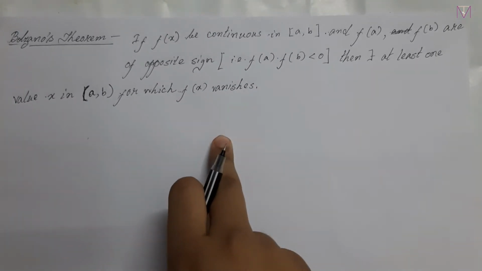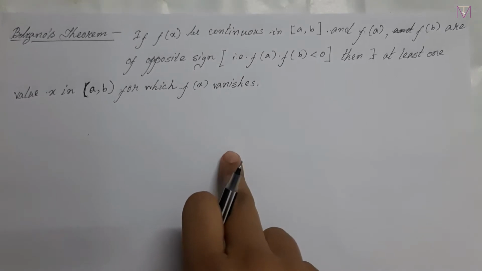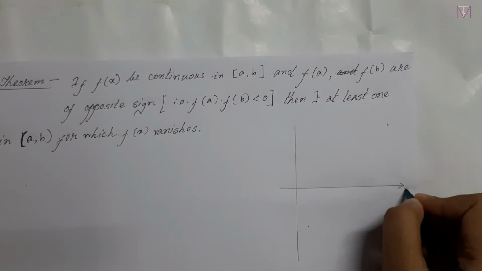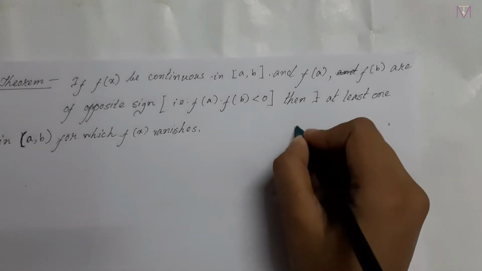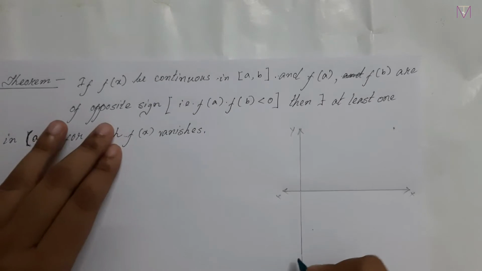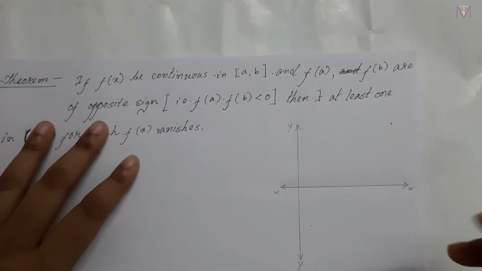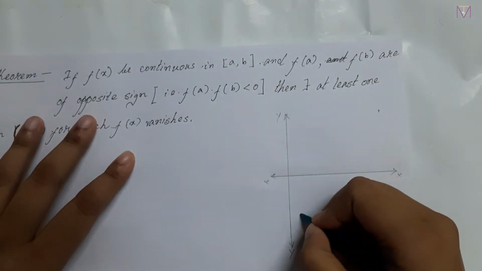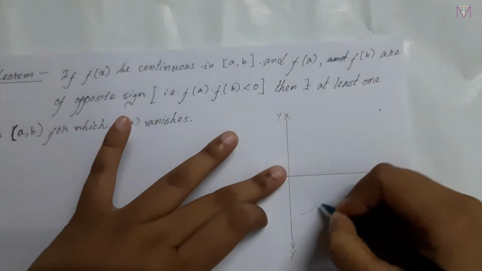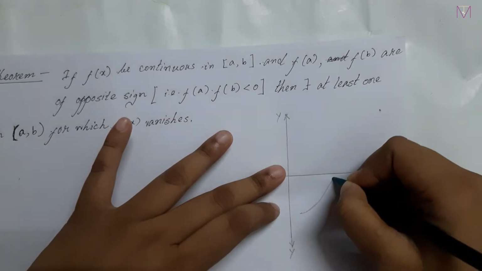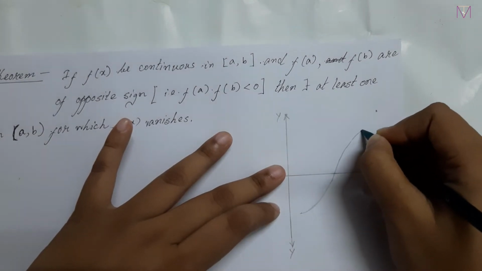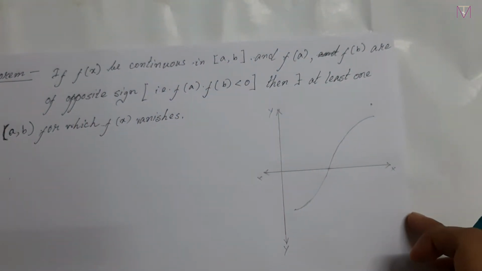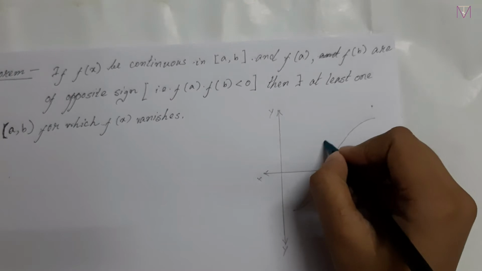Okay, this is the statement. Now we have to prove Bolzano's theorem. So first take the help of a graph. So this is the x-axis and this is the y-axis. Now let this be the graph of f(x).